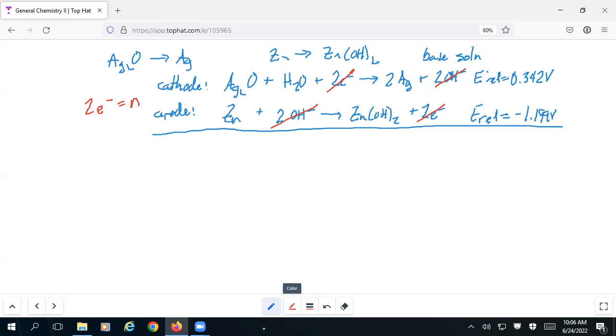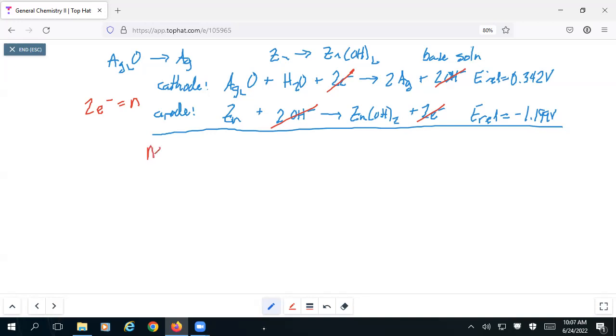So if I have to multiply 2 electrons by 3 to get the electrons to balance out, that's 6 electrons. We would call that a 6 electron process. And so N would be equal to 6 in that case. So that being said, it worked out kind of in our favor this time.